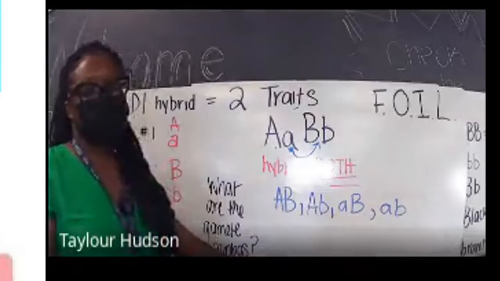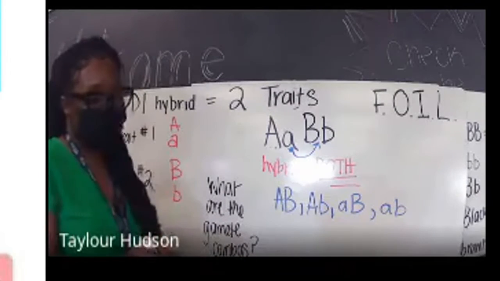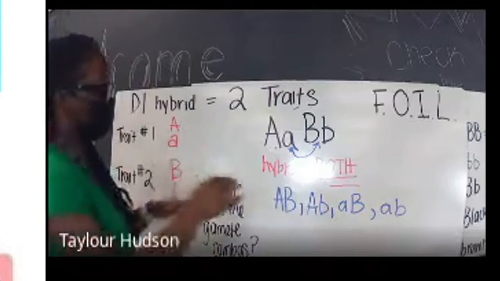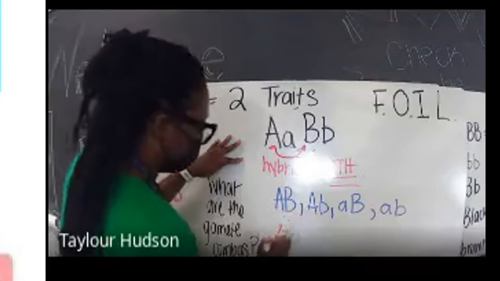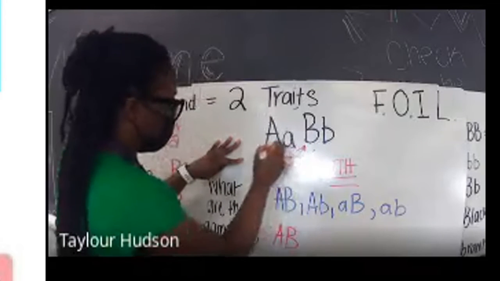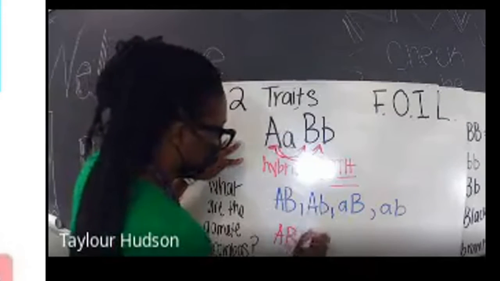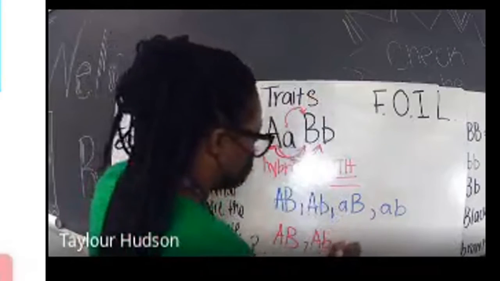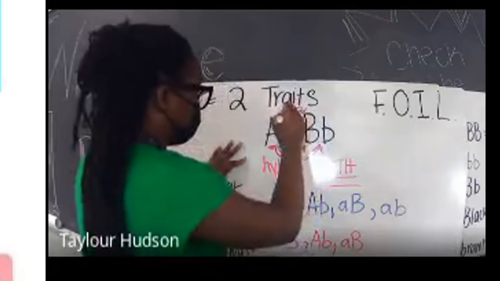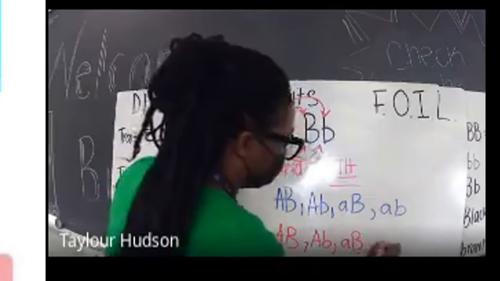All right, I sing a song to help me do this. This is how I do it. I'm just going to write it again with my song. I go first letter inner, first letter outer, second letter inner, second letter outer.